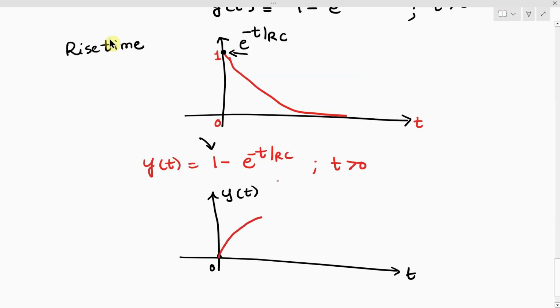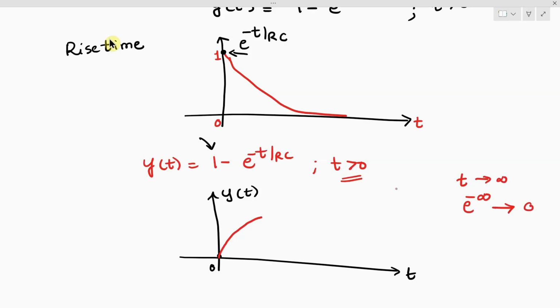It starts from 0. Now, at what value does it settle? Because the output exists for t greater than 0, the maximum limit that t can take is infinity. And if I substitute t as infinity, it becomes e power of minus infinity. What is the value of e power of minus infinity? 0.